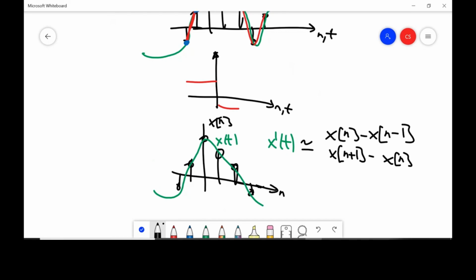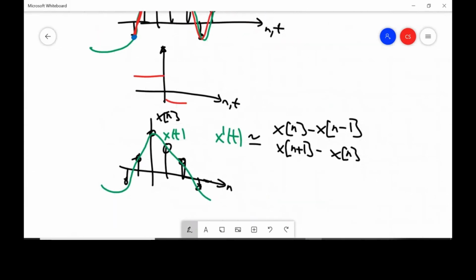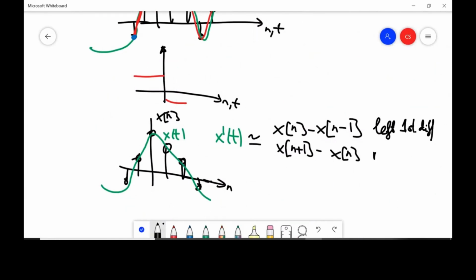And this is the left first difference. This is the right first difference. This is called left because I'm taking the sample from the left. This is right because I'm taking the sample from the right.